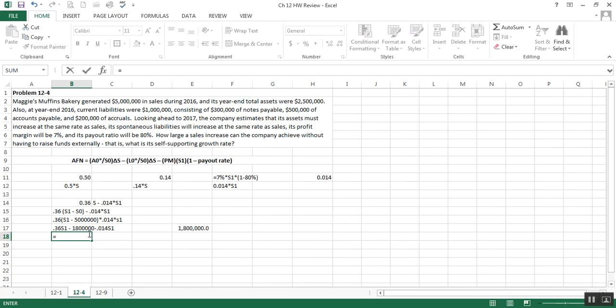So first it's going to equal 0.36 minus 0.014 is 0.346 S1 minus 0.8 million. So S1 is equal to 0.8 million divided by 0.346, which is equal to 1 million.